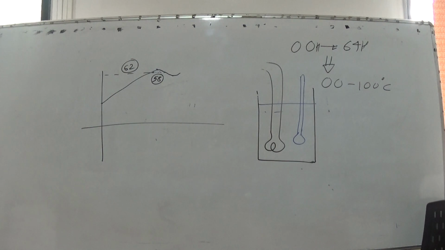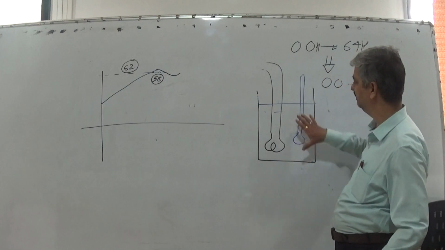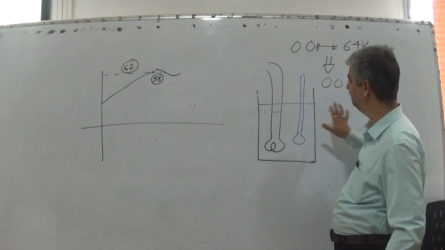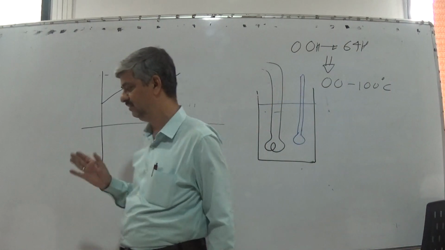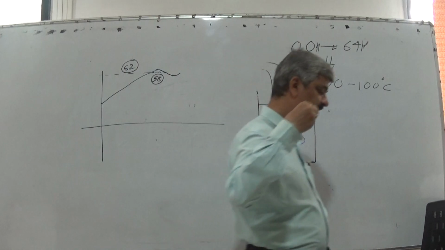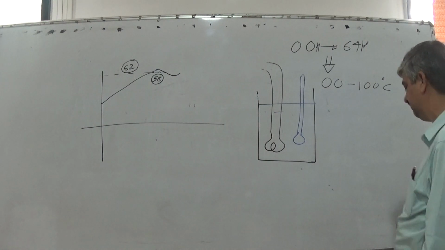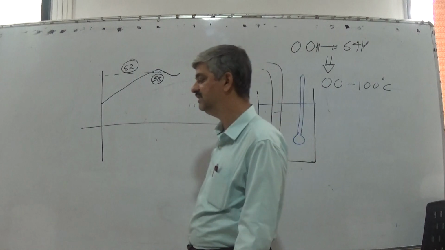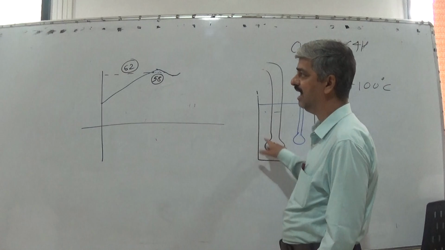How much heat is lost will depend upon the quantity of the water, the atmosphere temperature, and many thermodynamical parameters. So there will be some heat loss per unit time. So you have to add that exact heat per unit time. So heat added per unit time is I square R or V square upon R, where R is the resistance of this heater coil and V you can control.